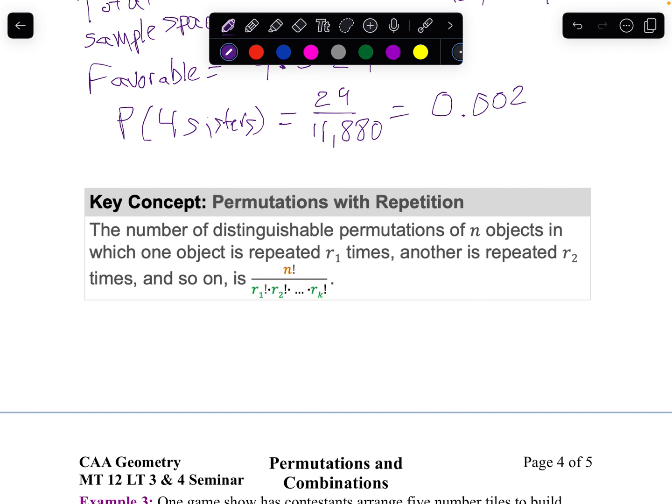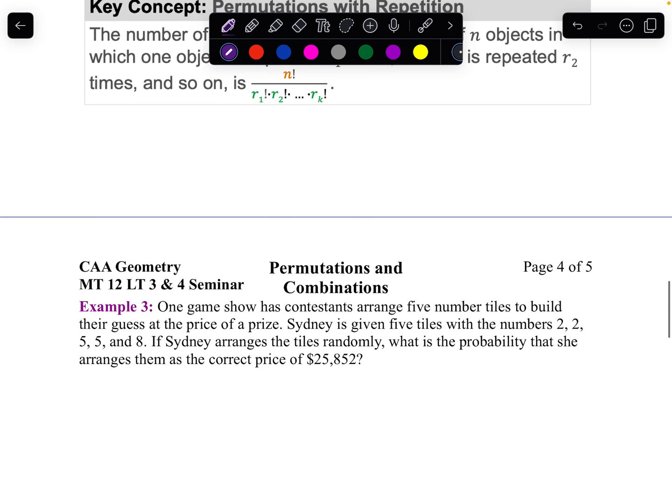So let's take a look at a problem that repeats. On a game show, the contestant has arranged 5 number tiles to build the price of a prize. Sydney is given 5 tiles with the numbers 2, 2, 5, 5, 8. If she arranges them randomly, what's the probability that she arranges them in the correct price?